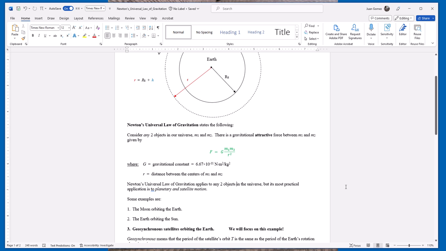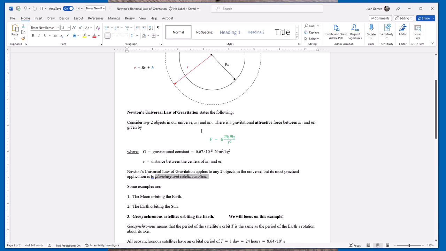So there's a force between the pen and the pencil and your lamp, the pencil and the pillow on your couch, etc. So the real practical application is when it's applied to planetary and satellite motion. So really, Newton's universal law of gravitation, F equals G M1 M2 over R squared.